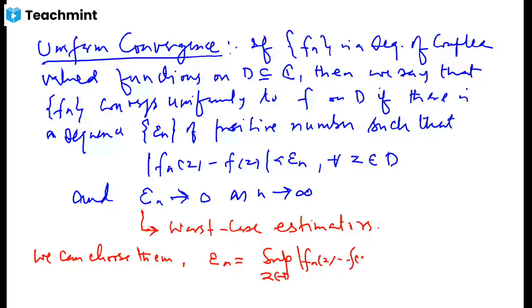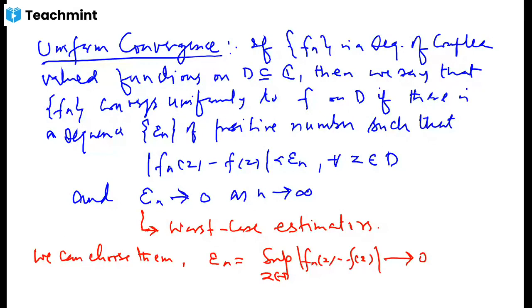So sometimes it is a good test to take f_n(z) minus f(z) and take the supremum over the domain where your functions are defined, and check whether that supremum becomes small or not. If it goes to 0, then clearly your sequence of functions will be uniformly convergent.